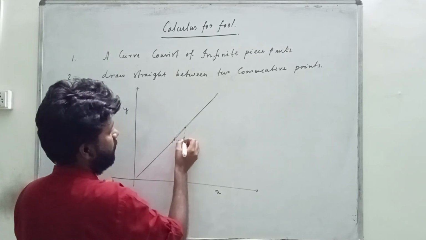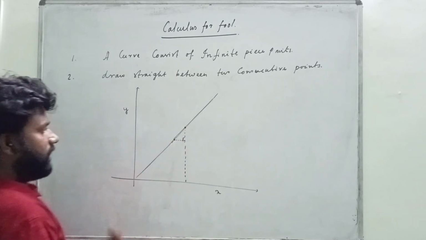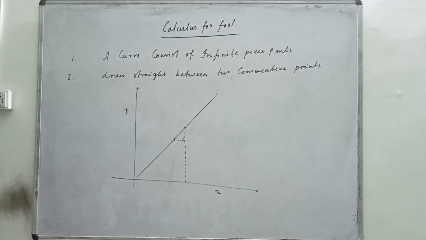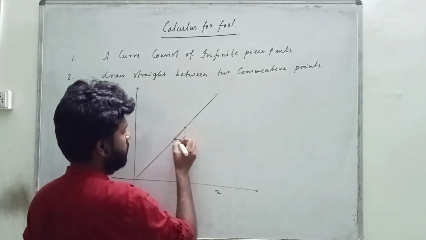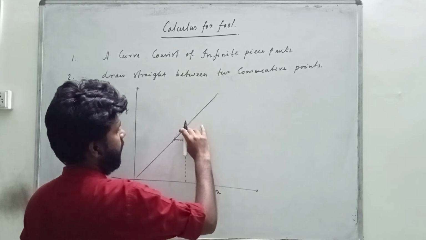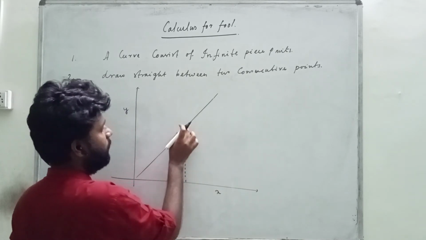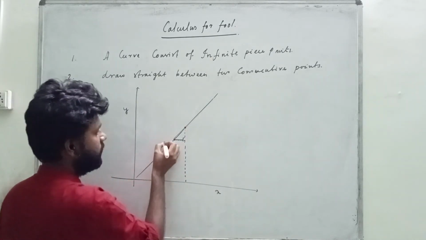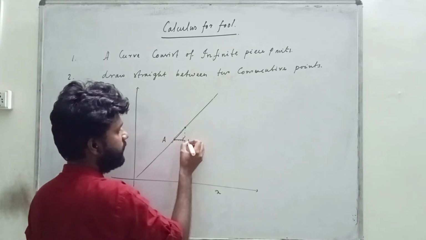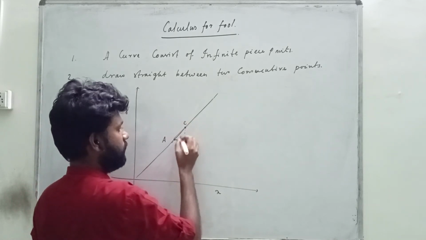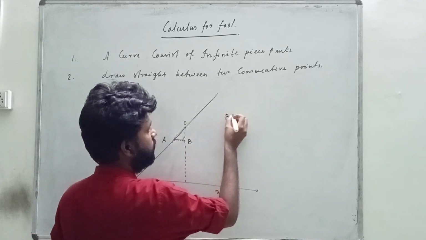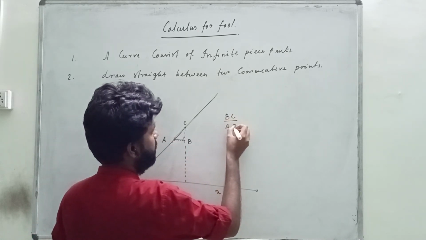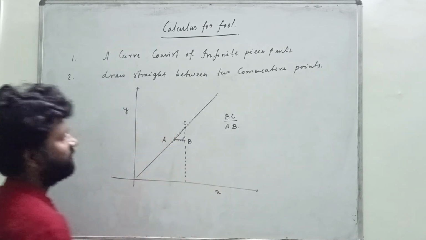Now obviously from your class 9 or 10 sense, it is a triangle and the slope at this point means the height over base of this triangle. So if I name it A, B, C, obviously the slope at this point means BC over AB. It is very simple, right?